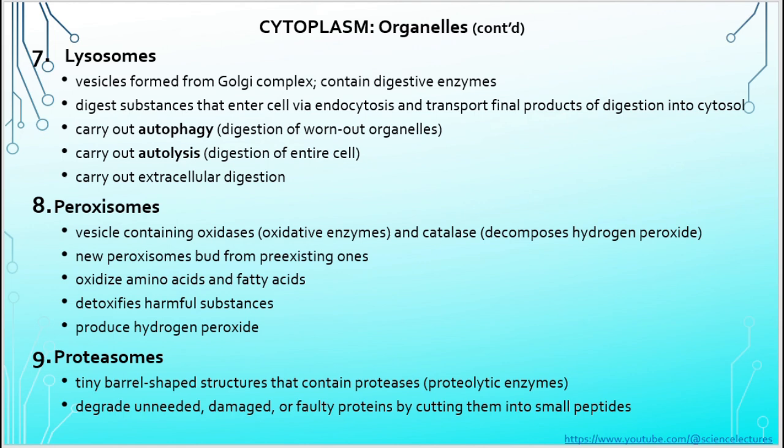A byproduct of the oxidation reactions is hydrogen peroxide, a potentially toxic compound. However, peroxisomes also contain the enzyme catalase, which decomposes hydrogen peroxide. So because the production and degradation of the peroxide occur within the same organelle, peroxisomes protect other parts of the cell from the toxic effects of the peroxide.